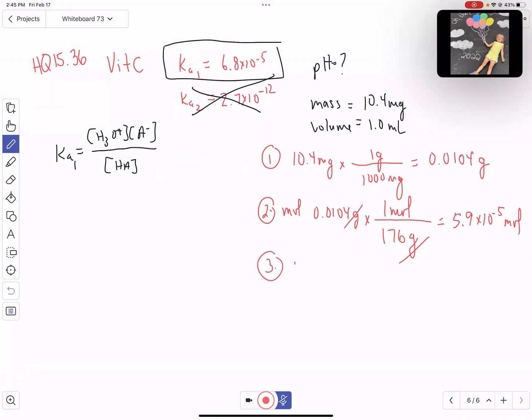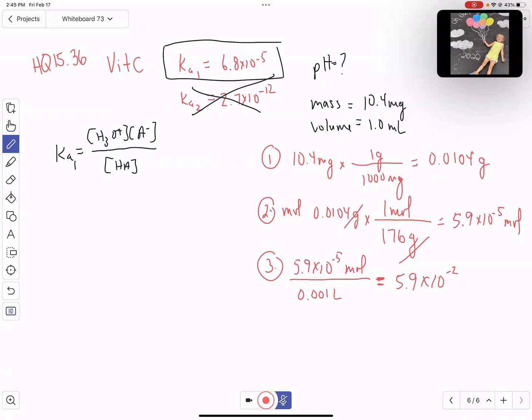We need concentration, which is moles per liter. So I've got 5.9 times 10 to the minus 5 moles of vitamin C, and I've dissolved that in 1 milliliter, which is 0.001 liters. So we divide by 0.001, and I'm going to get 5.9 times 10 to the minus 2 molar.